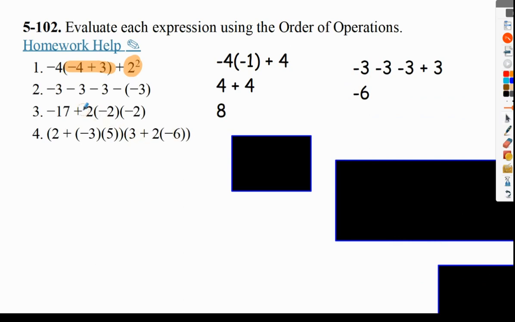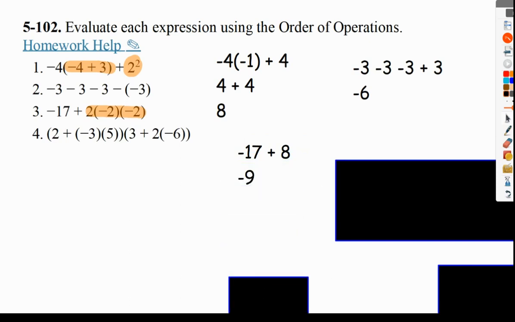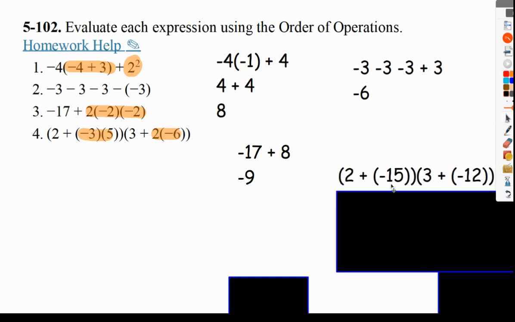Here you would do your multiplying first. Positive times a negative would be a negative. So we get negative 17 plus 8, and that, of course, is negative 9. Here you have parentheses within parentheses, so you do the innermost first. The negative 3 times 5 and the 2 times negative 6 would give us negative 15 here and negative 12 here.